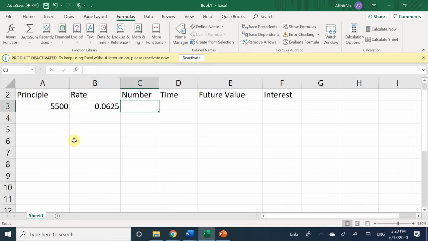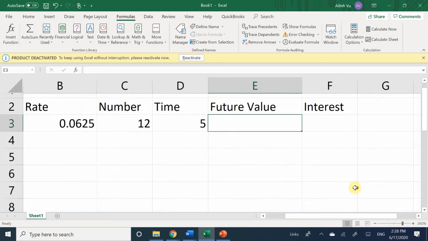Good. How much is the interest compounded? 12. And for how many years? 5. Okay, so let's go over into this little formula here. I'm going to make it a little bigger so everyone can see it.